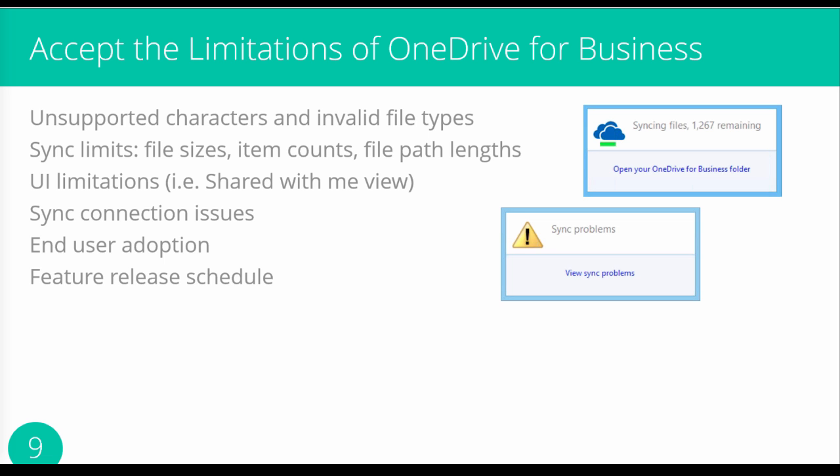You can't sort that, you can't create folders in that view. Those are limitations that we can work around. Again, you work most frequently from your documents folder, and you'll be able to reap the benefits of the organization that we talked about earlier, and then use things like the shared with me view as secondary methods of finding and accessing documents.